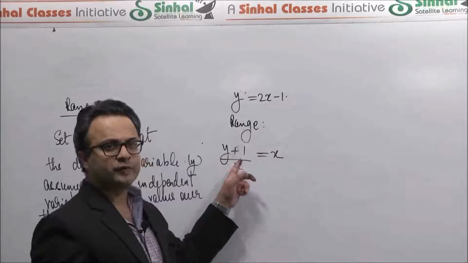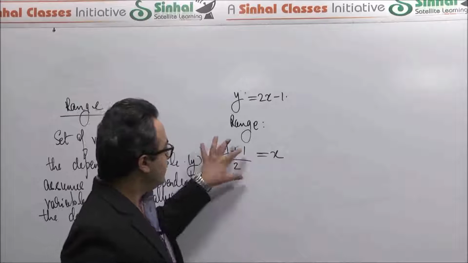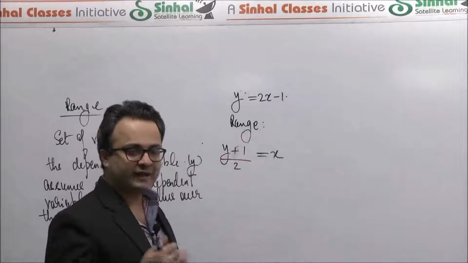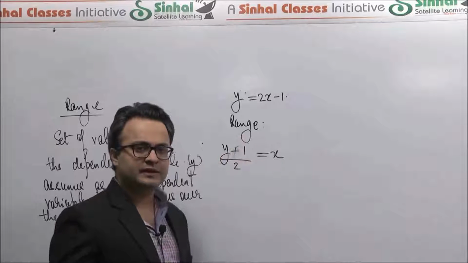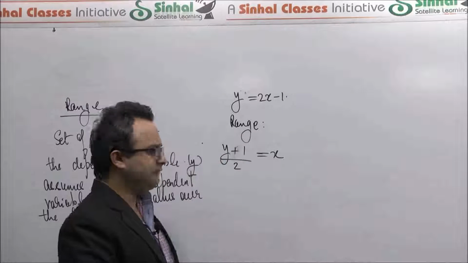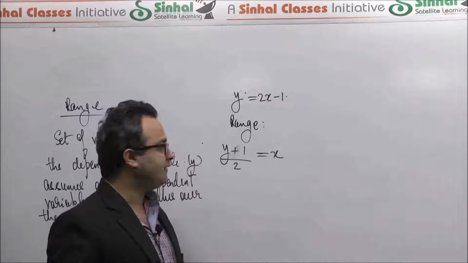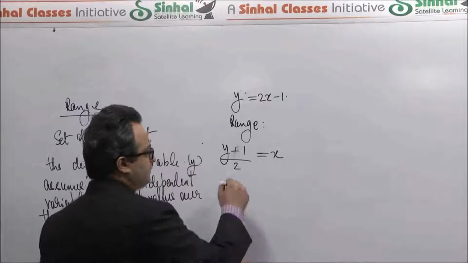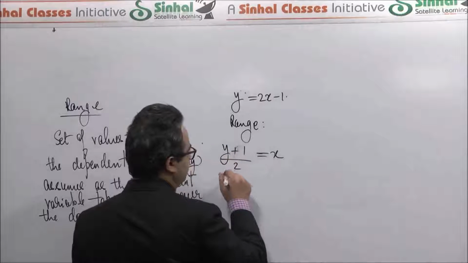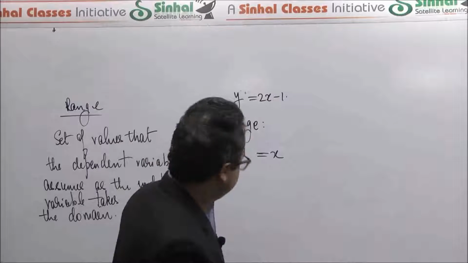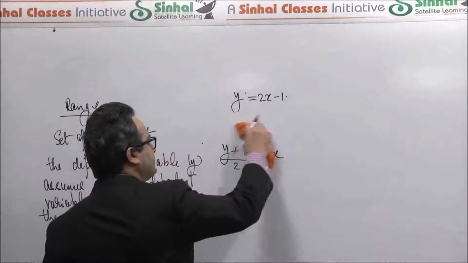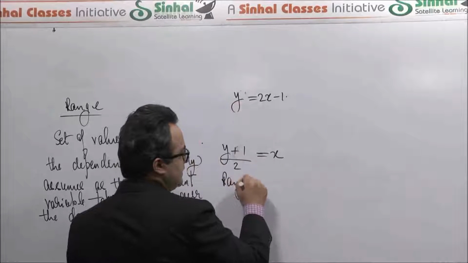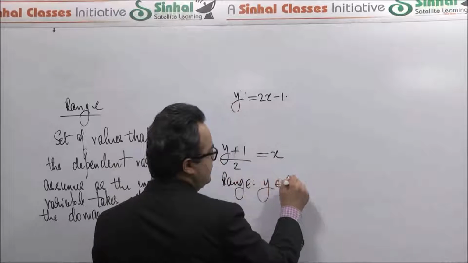And this will be true for all possible values of y. So I can say that y itself can take all possible real values, and for each value of y, you will get some corresponding unique value of x. So in this case, I'll say that the range is that y can take all possible real values.